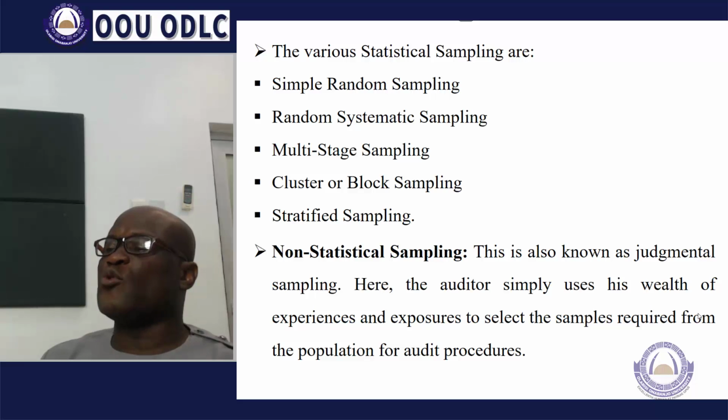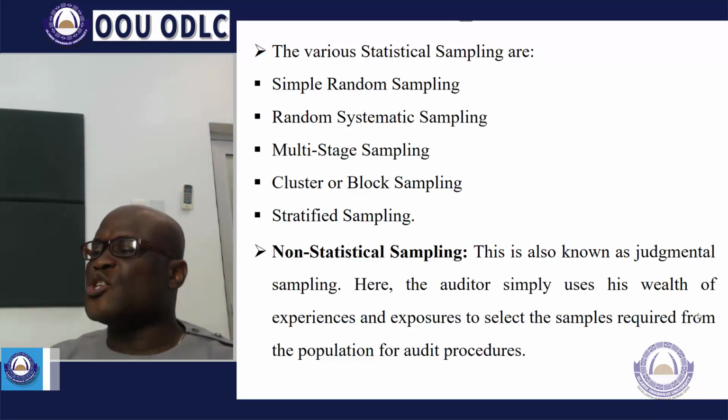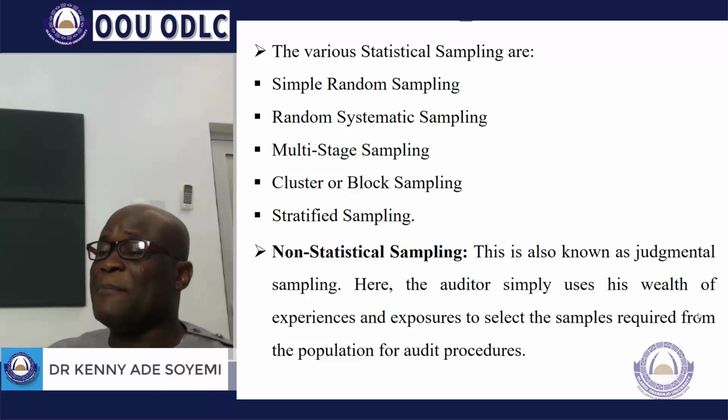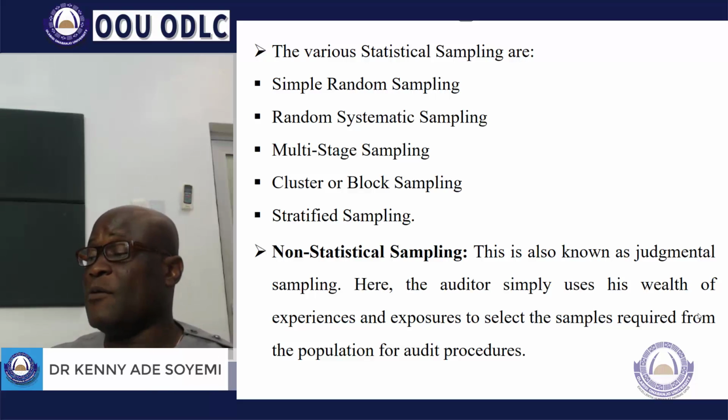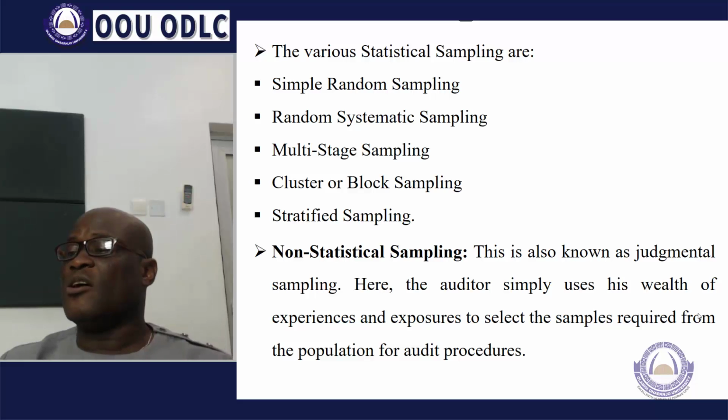It does not attempt to quantify sampling risk, but rather picks those items which he or she believes will provide the most useful information in the particular circumstance. In other words, here the auditor's judgment is what is brought to play.